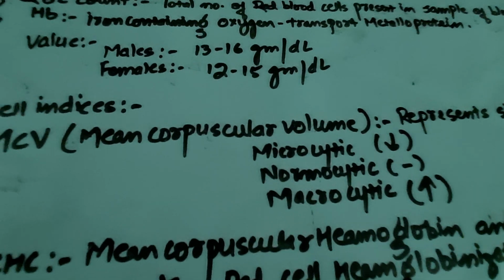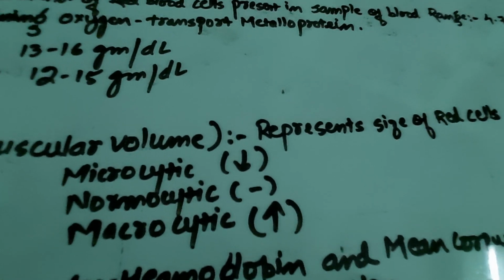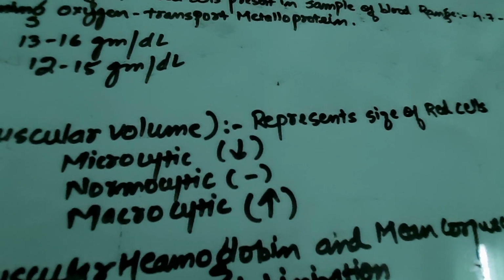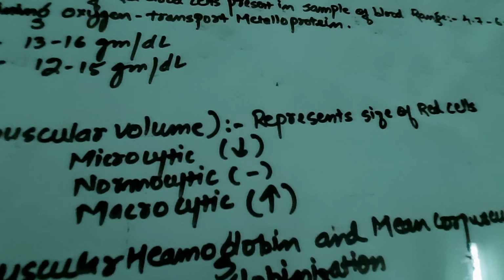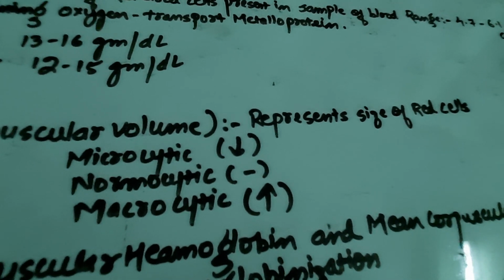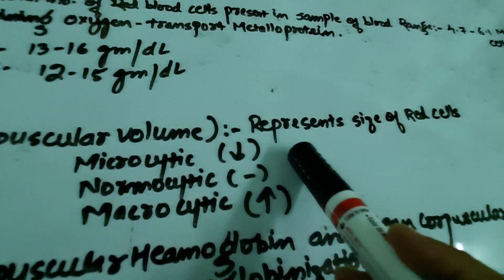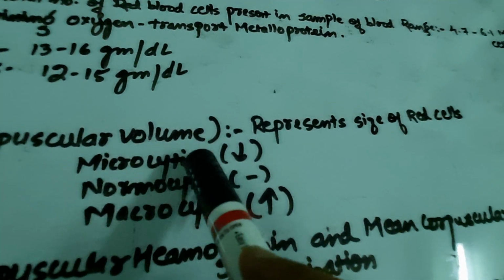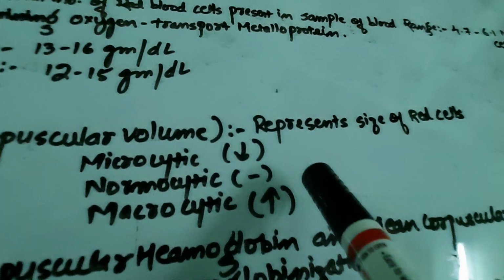The mean corpuscular volume gives you the size of red cells. According to this, you can divide anemia into three types, which are microcytic, macrocytic, and normocytic. Microcytic means the size of your red blood cells is decreased.